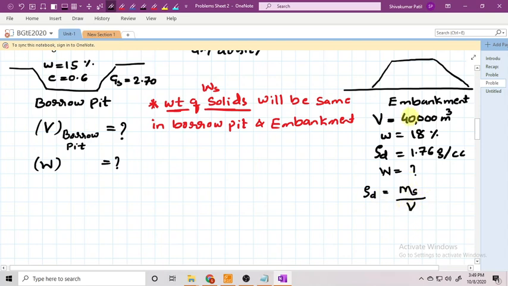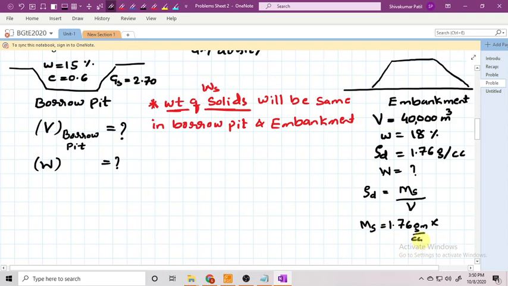I know the total volume and the dry density, so I can find the mass of solids. Mass of solids equals dry density, 1.76 gram per cc, into volume, 40,000 cubic meter. This is in cubic meter and that is in centimeter cube, so you should convert.